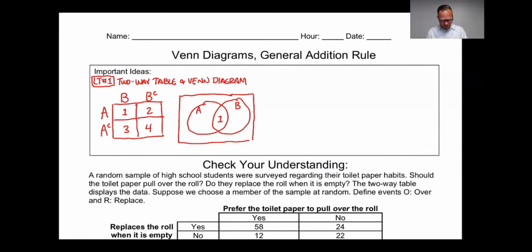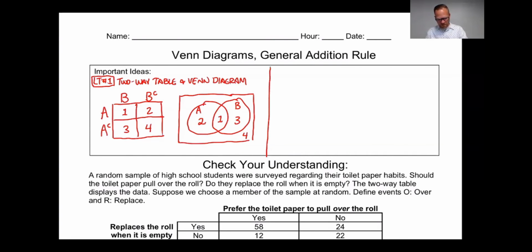Number 2 is in circle A, but not in B. So that's going to be this one right here. 3 is in B, but not in A. And then 4 is outside of both of those. So you can see the close connection between the two-way table and the Venn diagram. And then once you have these created, you can use these to answer questions about probability.